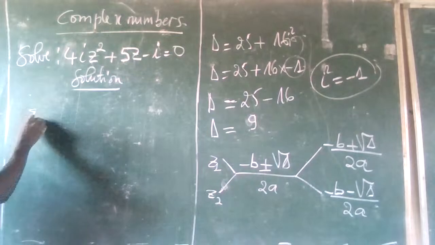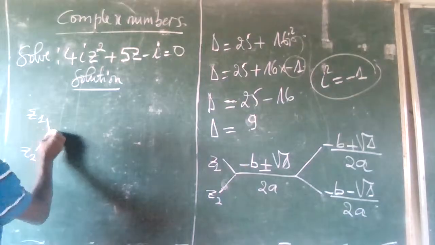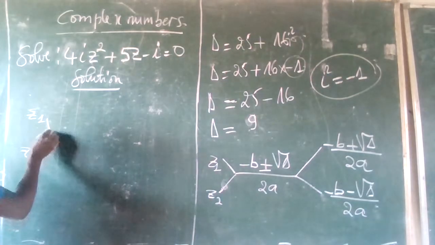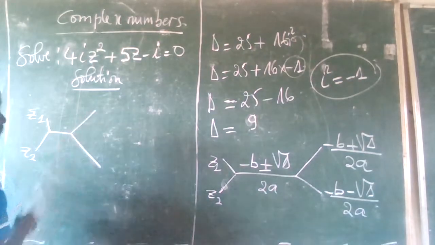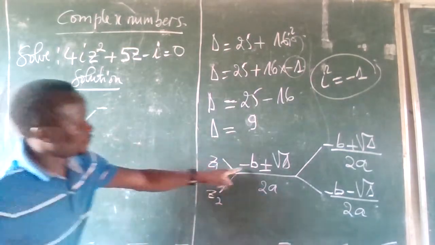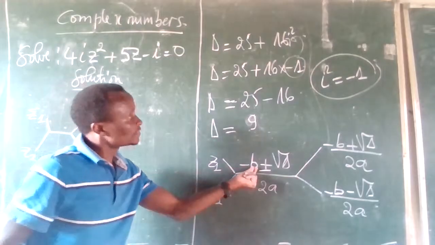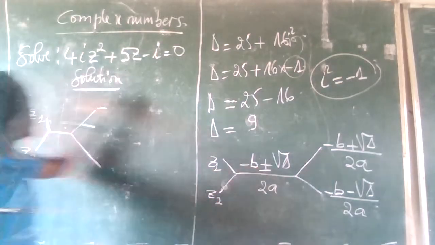So finally we have Z1 and Z2. It will be minus B. This is minus of this formula, you see? Now, how is B? We come back to our equation.